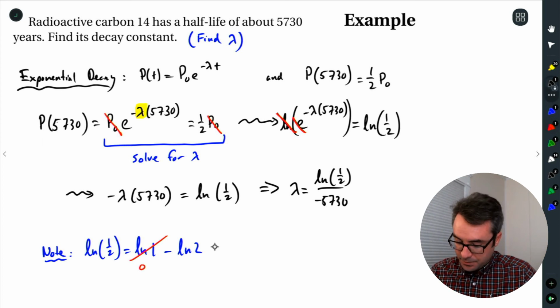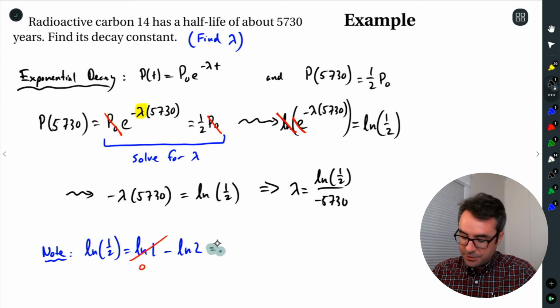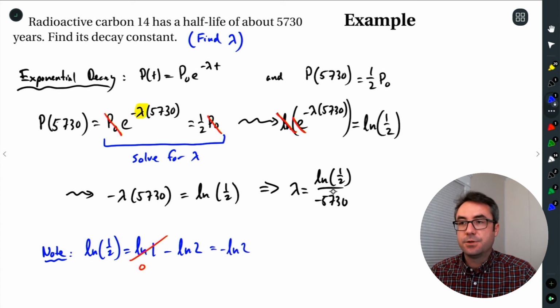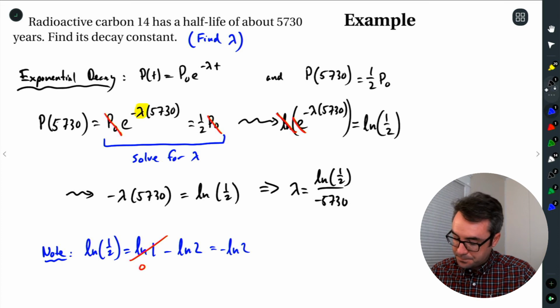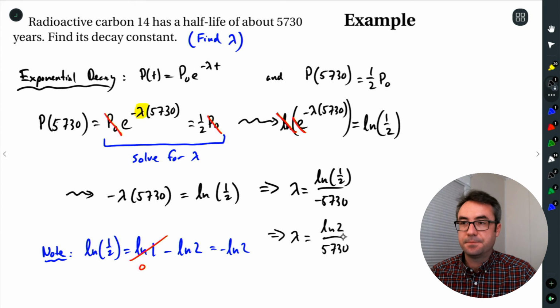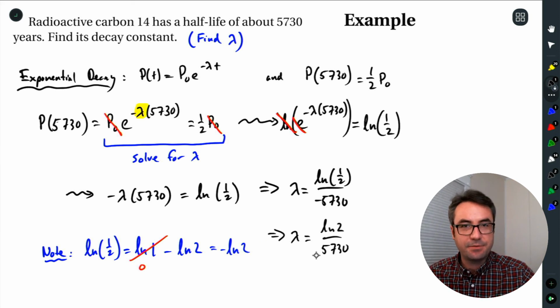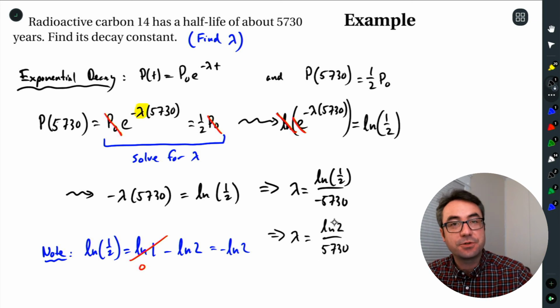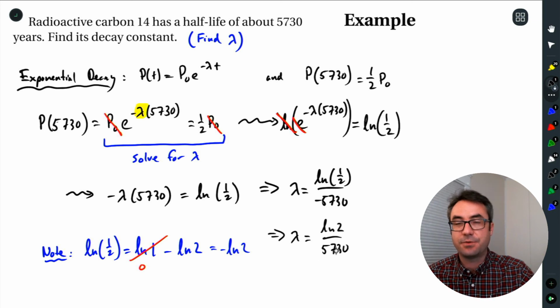So this is actually equal to negative natural log 2. So if we fill that in, we get another way to think of this constant. So we'd end up with a negative natural log 2 up here, and it would cancel with the negative down here. So we end up with just natural log 2 divided by 5,730. So that's the decay constant for carbon-14.